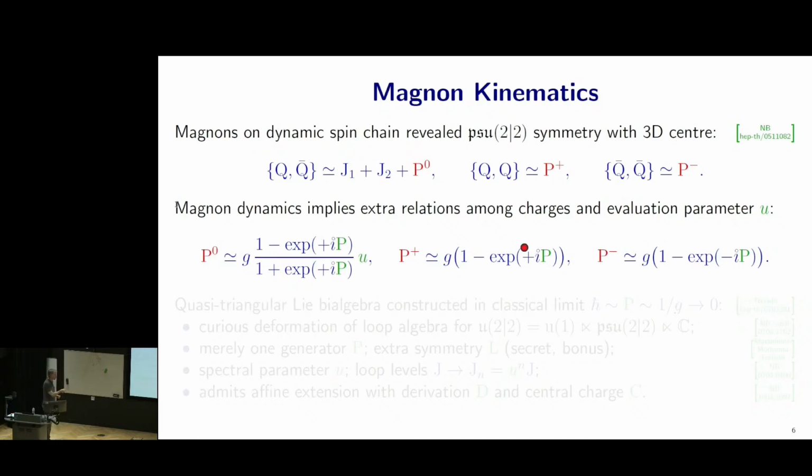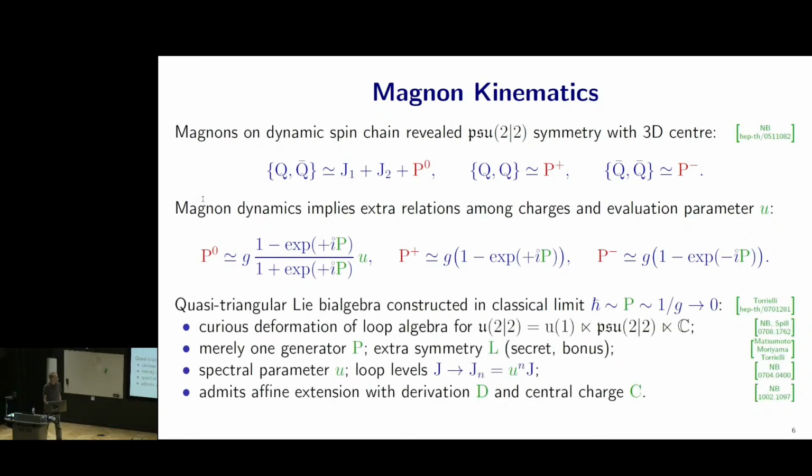And this three-dimensional center is not just anything, but it has some curious expressions which relate all these three central charges in a certain way. This is something more like an energy, whereas these two serve more like a momentum purpose for these magnons that travel on the spin chain or on the worldsheet.